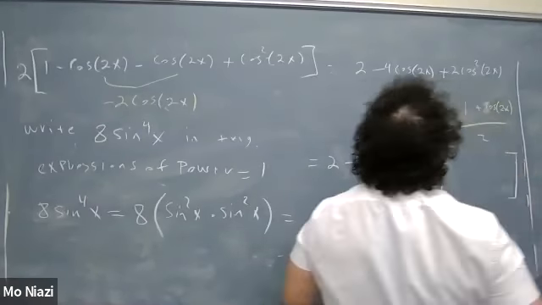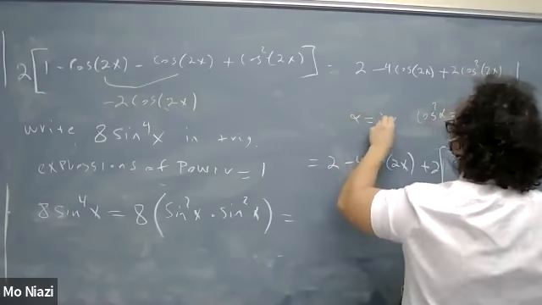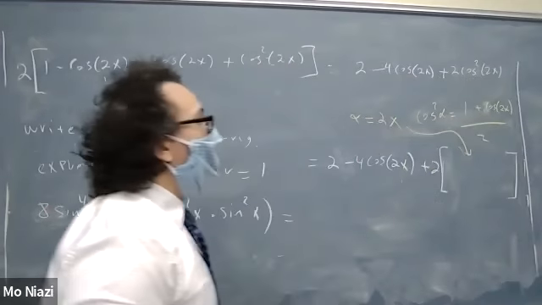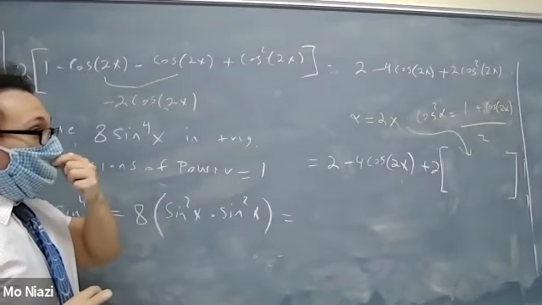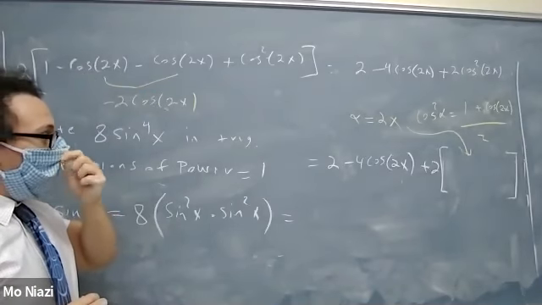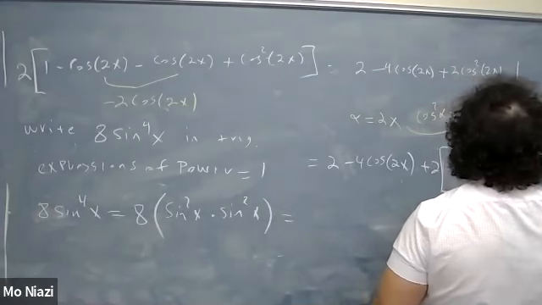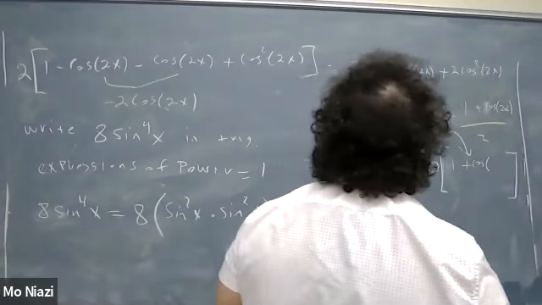Okay. So set alpha equal to 2x and plug that in here for the yellow. So notice that we're going to get 1 plus cosine of 2 times alpha, right?